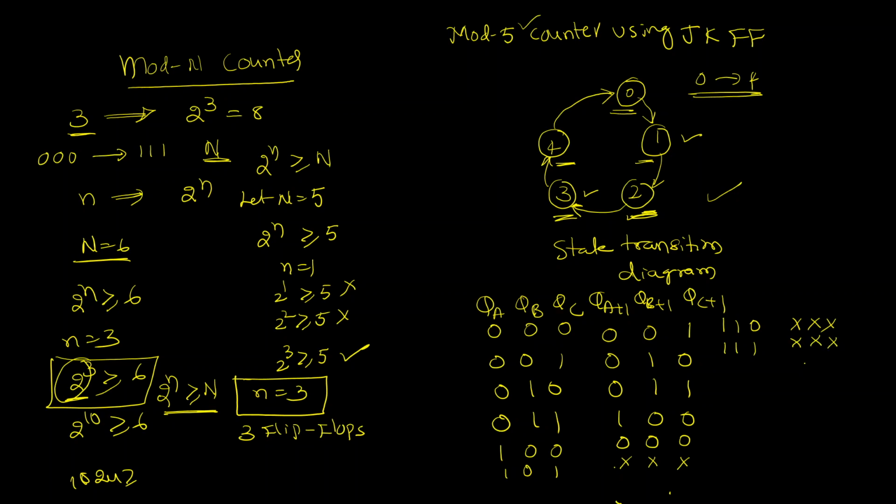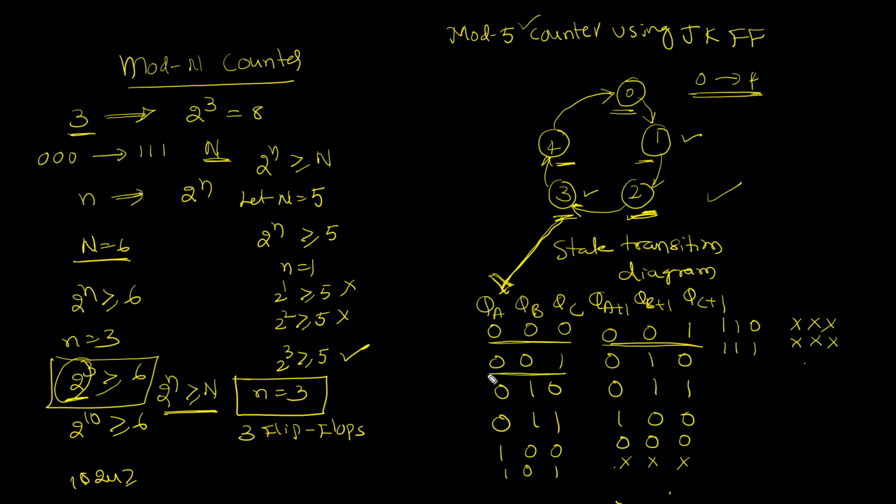This is exactly converting your state transition into a table saying how exactly your flip-flops have to move. We have three flip-flops. If they contain 0, upon application of the clock it should become 1.